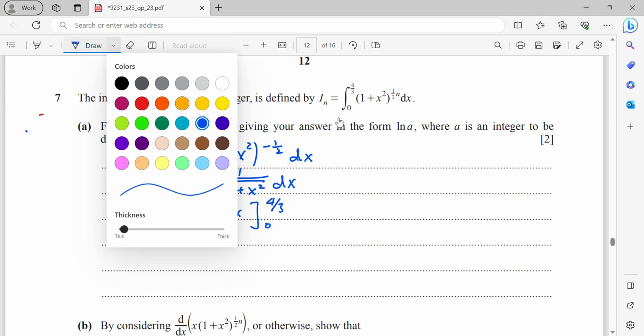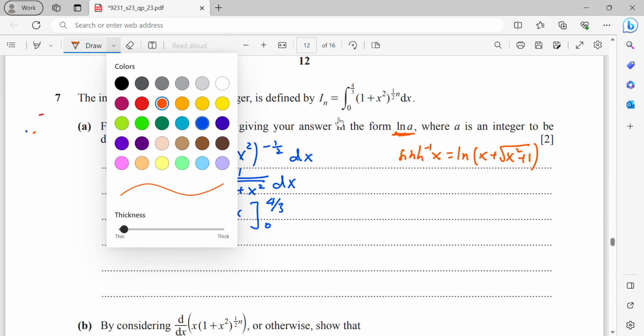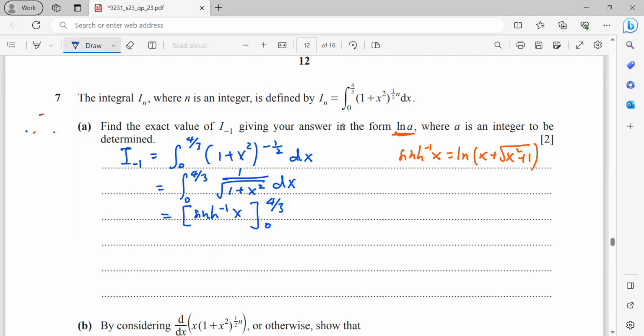And now again, you need to leave your answer in ln A. So inverse sinh x is ln of x plus square root x squared plus 1. Okay, so now you replace the x by this. Before I replace by the ln, I replace the x by 4 over 3 first. It will be inverse sinh 4 over 3 minus inverse sinh 0. So inverse sinh 0 is basically 0.